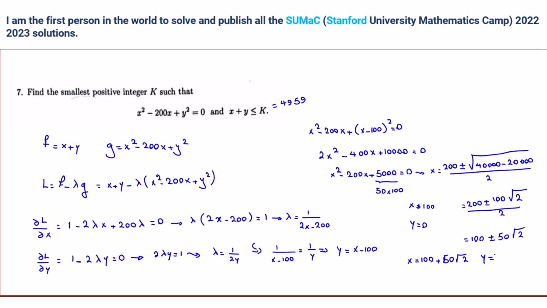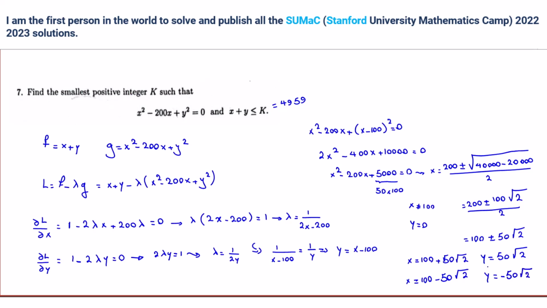Y in this case is 50 root 2. If x is 100 minus 50 root 2, y is also minus 50 root 2.